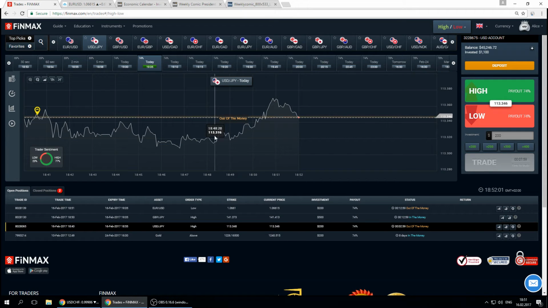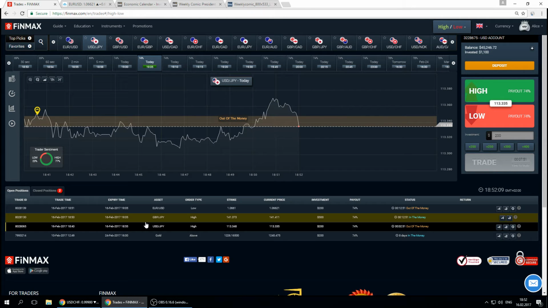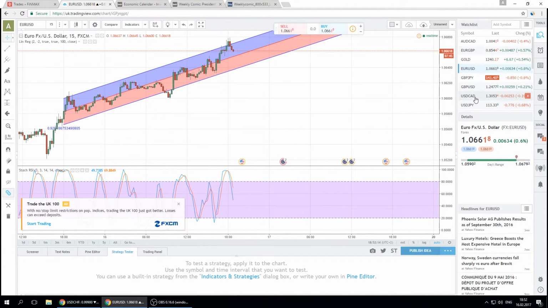So this one here is like a really thin line between the price when the trade was opened and the current price. So we need to wait to see the further development of the situation.